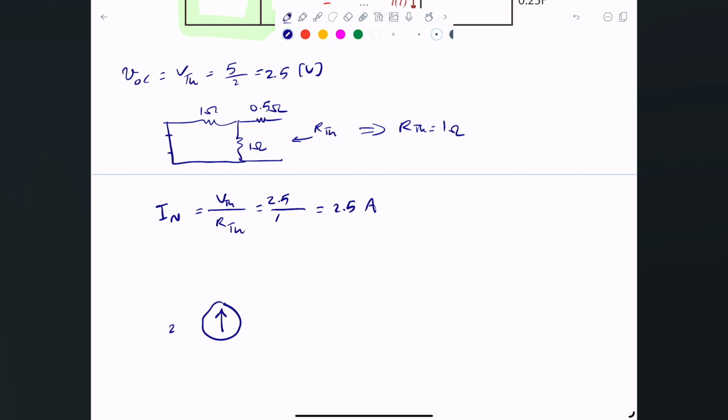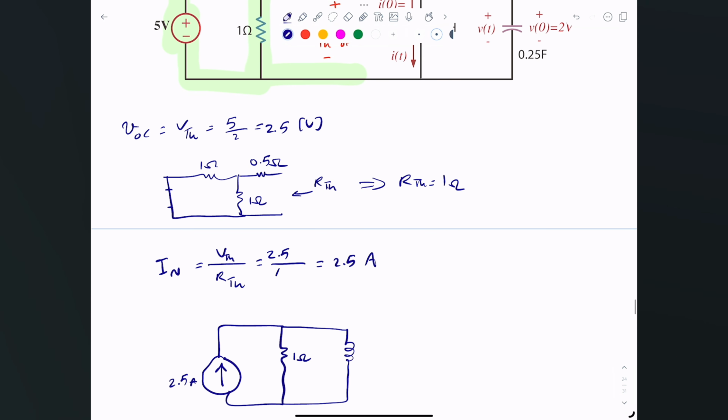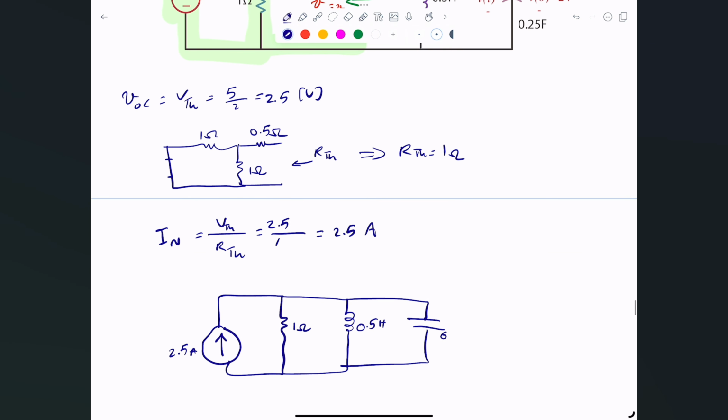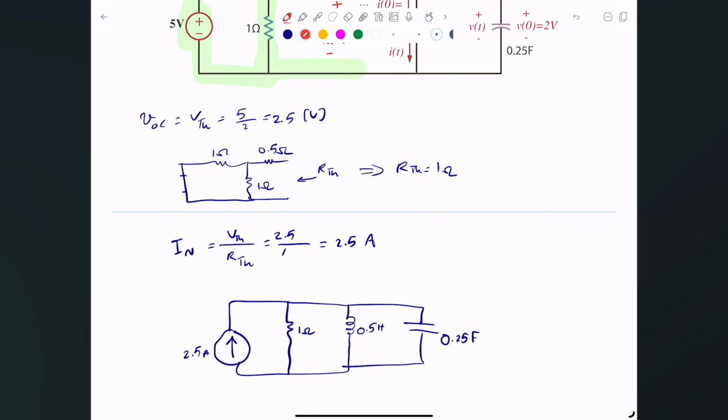We have 2.5 amps in parallel with a resistor that is 1 ohm, in parallel with an inductor that is 0.5 henries, in parallel with a capacitor that is 0.25 farads.